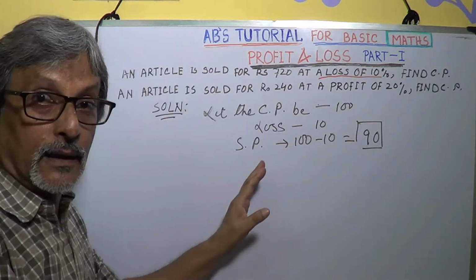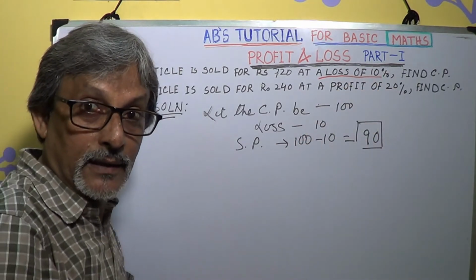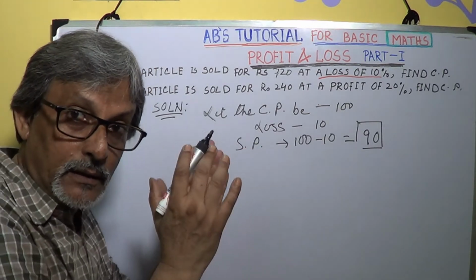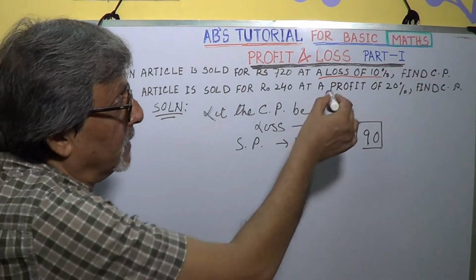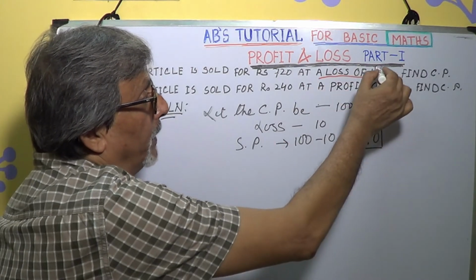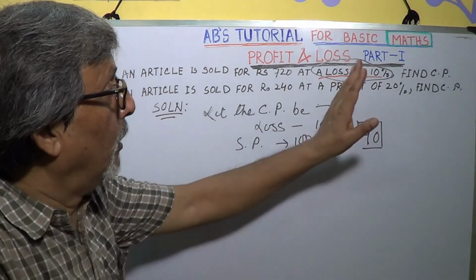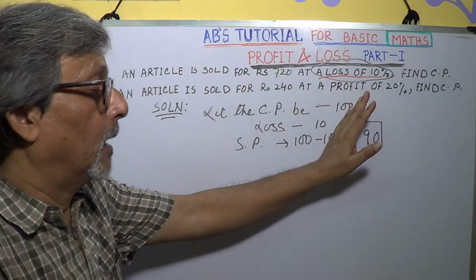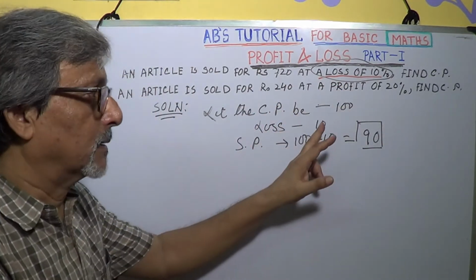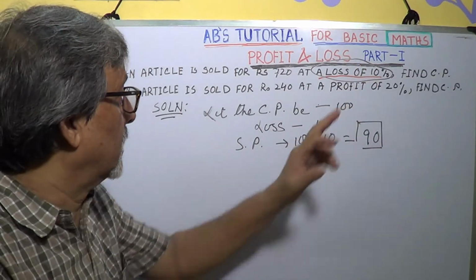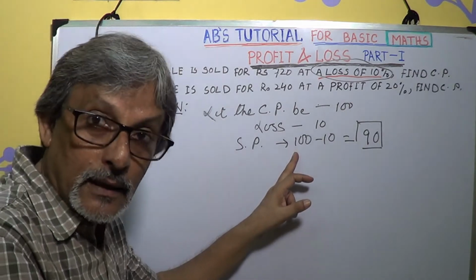If the article is sold at a loss of 10%, only this statement I am considering, I am not taking rupees 720 into consideration. This loss of 10% means, let the CP be 100, loss is 10, and the selling price will be 10 rupees less than the cost price.